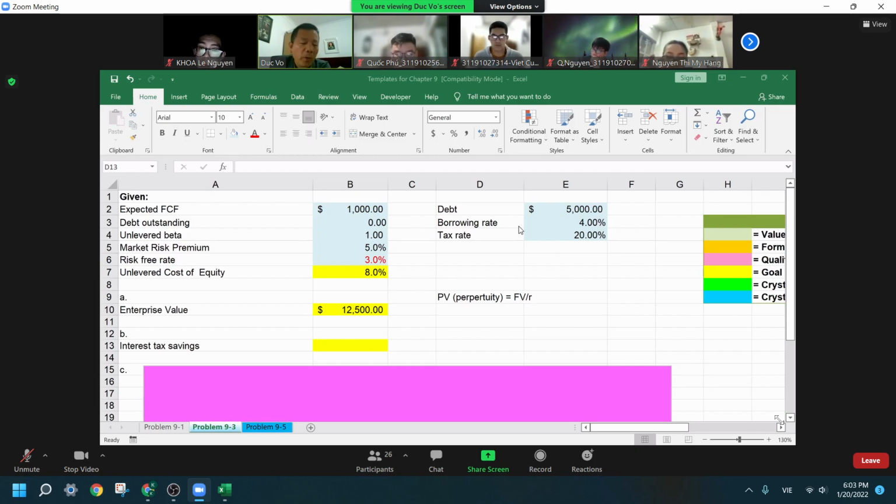When you borrow with a cost of debt of 10%, you only need to pay 75% of that 10%. It means you only pay 7.5%, not 10%. So the saving of 2.5% is called interest tax saving, ITS.